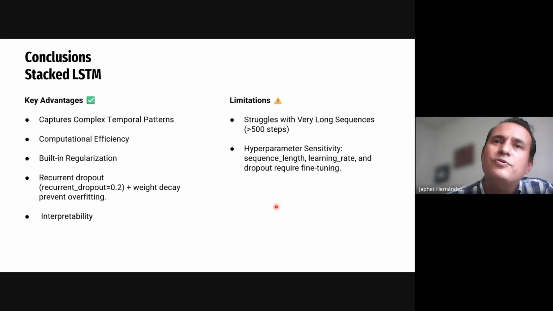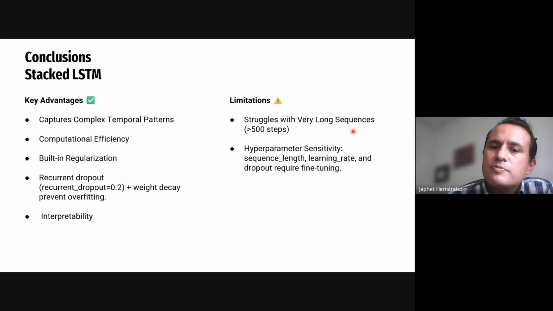However, it didn't represent the values very accurately. It involves some computational efficiency. It has built-in regularization, which is a very great feature, and it presents both recurrent dropout and weight decay to prevent overfitting. And the interpretability is great on this.